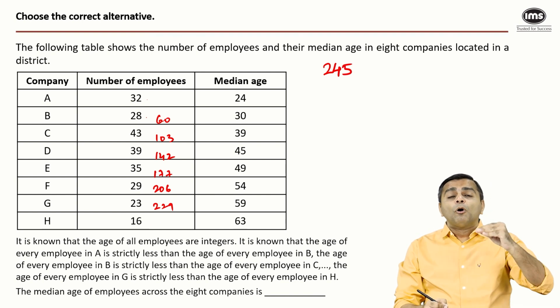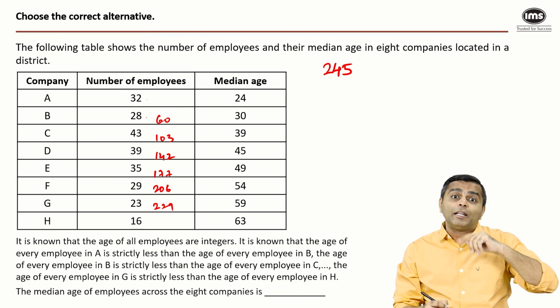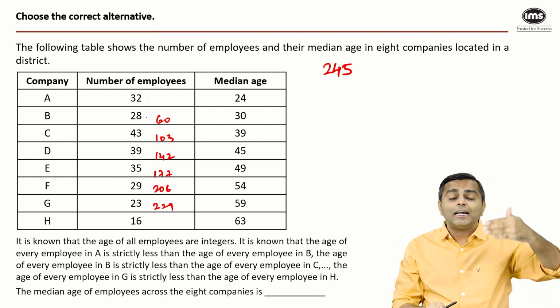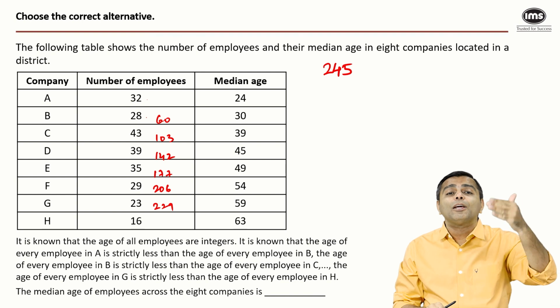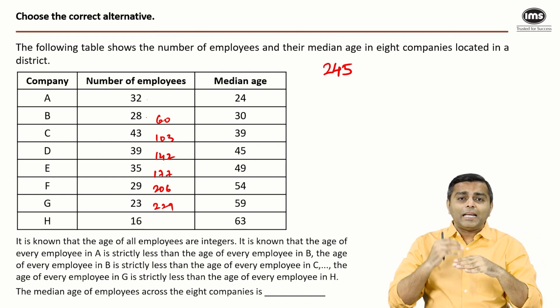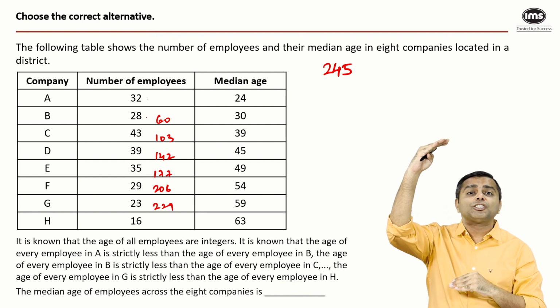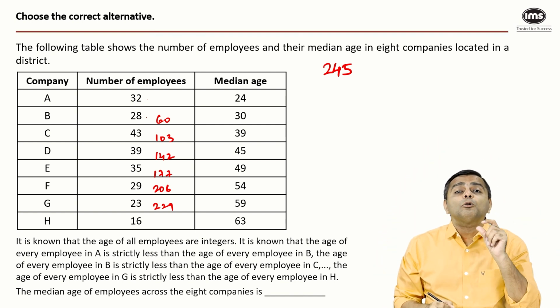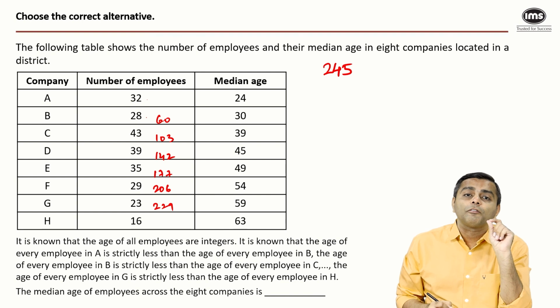So the middlemost guy among 245 people. Now, the way they've given the data, you can imagine all of these guys standing in ascending or descending order of their ages. If it's ascending order, A is going to be at the bottom and H at the top. We need to find the middle guy from these 245 people.